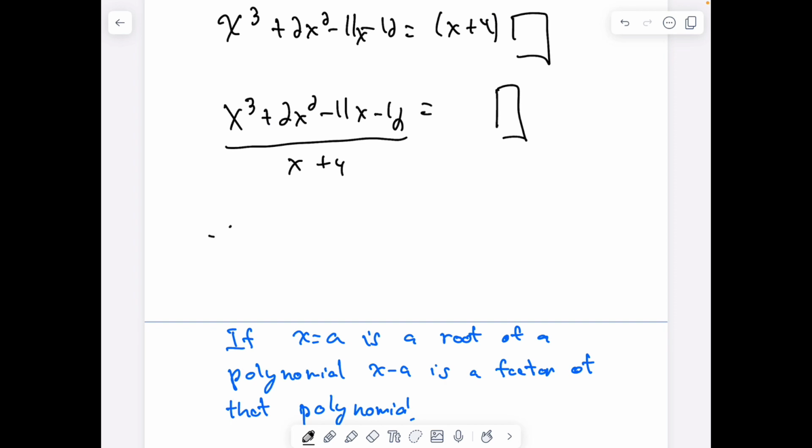So for those that are not familiar with synthetic division, it's basically this process where you take the coefficients of a polynomial, the one that's on top, 1, 2, minus 11, minus 12, and you take the opposite sign of whatever that x plus is, so it's a minus 4, and you put it there on the side.